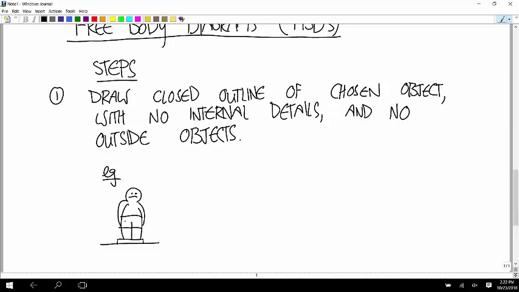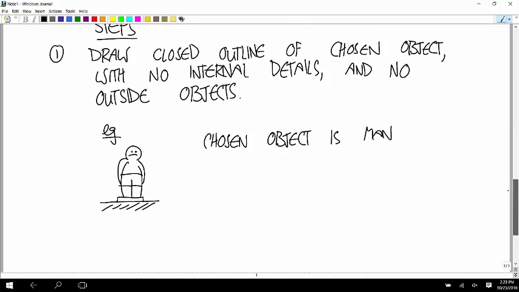Ooh, something's wrong with his back today. Okay, so if you want to draw a free body, so if the chosen object is the man, then a closed outline with no internal details is just that.